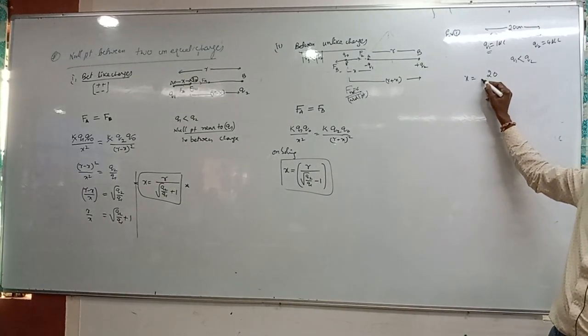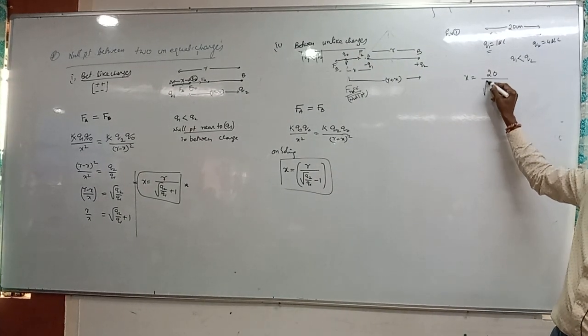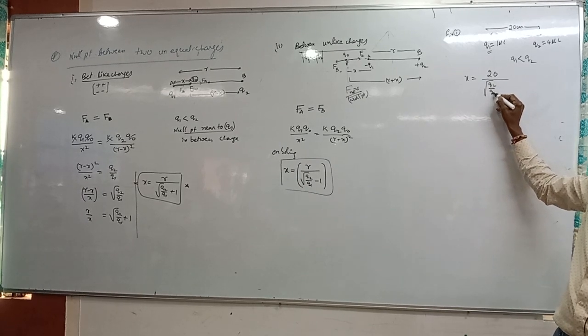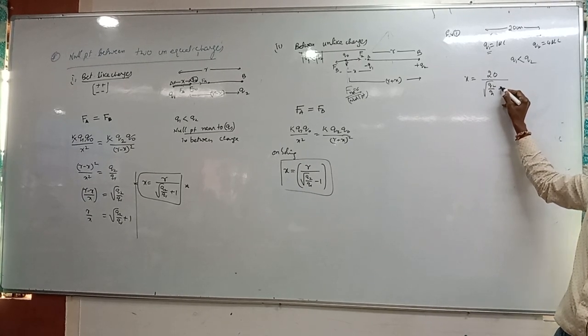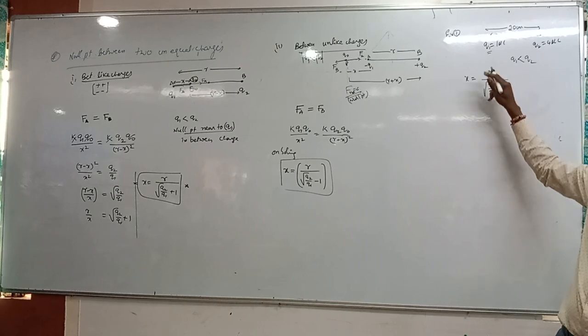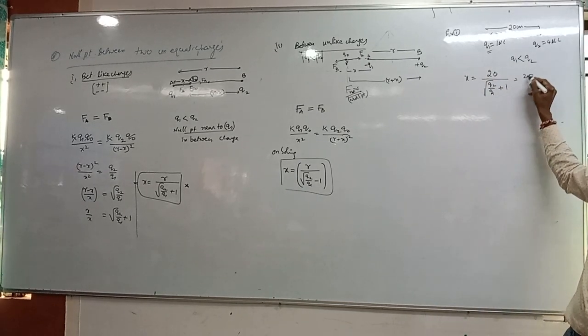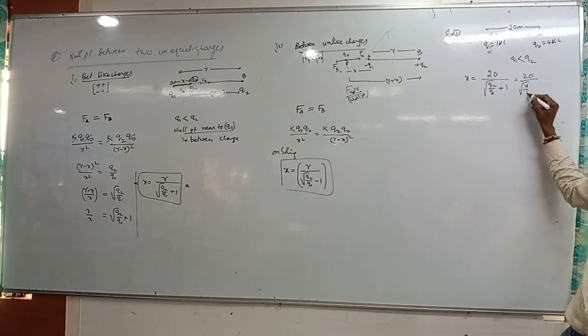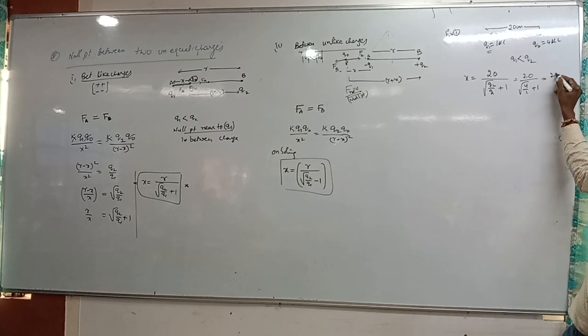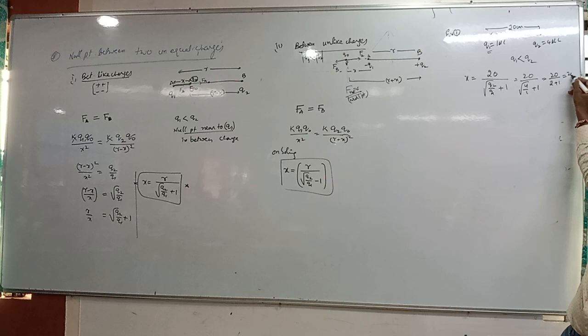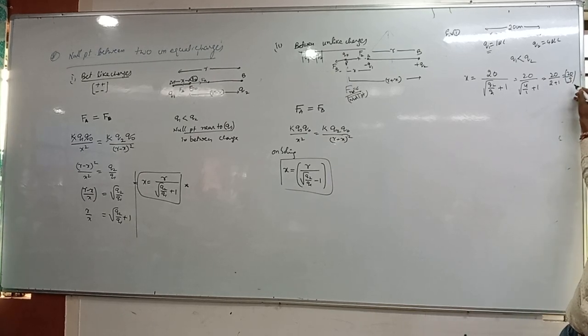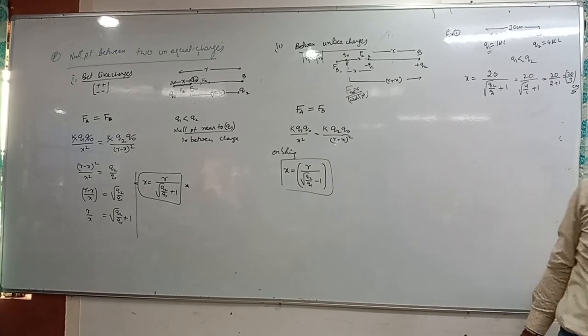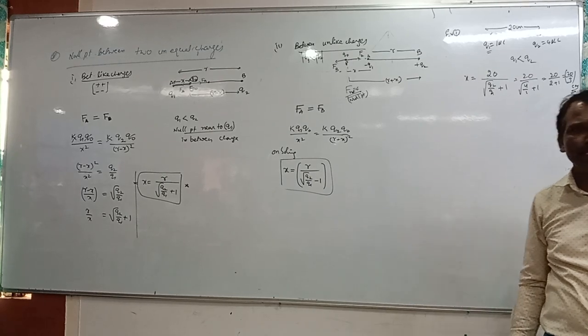Then x is equal to r divided by under root of (Q2 by Q1) plus 1, with plus 1 because of like charges. 20 divided by under root of 4 by 1 plus 1, 20 divided by 2 plus 1, 20 by 3 centimeters. Correct? Right?